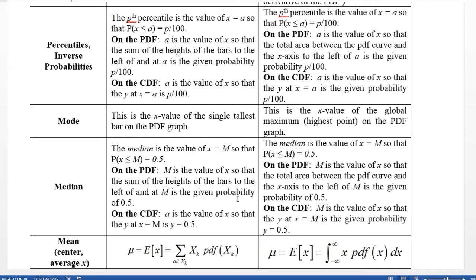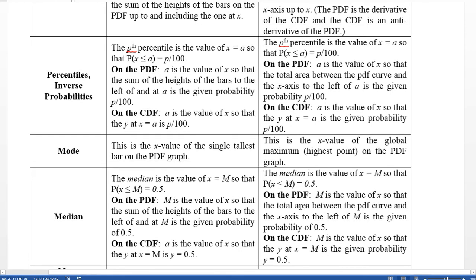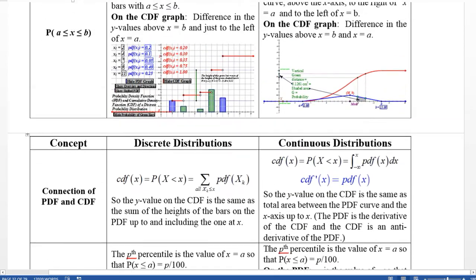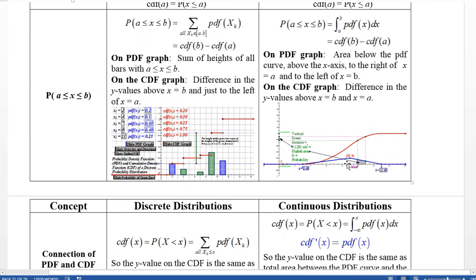So finding the median of a distribution is an inverse probability problem. The median is a value, we'll call it m here, so that the probability that x is less than m is 0.5. So it's the value here on the graph, wherever it might be, so that the probability to the left is a half.